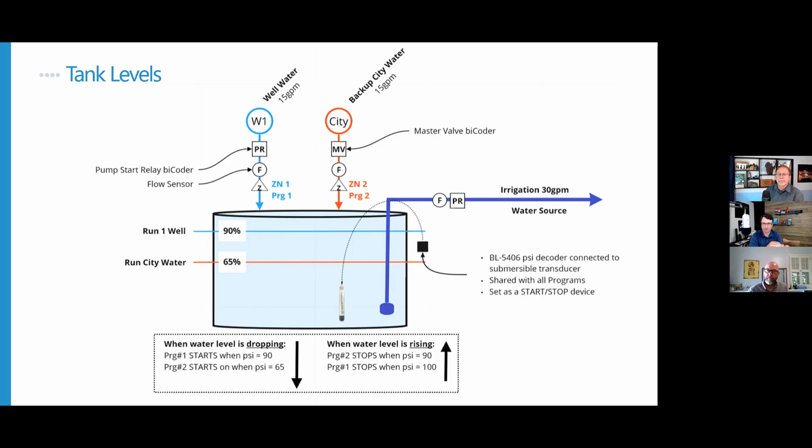But if the water level is just above the sensor, we don't know how much water is in the tank. We just know whether it has water in it or it's empty. Very binary position, where the 4 to 20 milliamp reading gives us a variable reading across the entire level of the water in the tank.